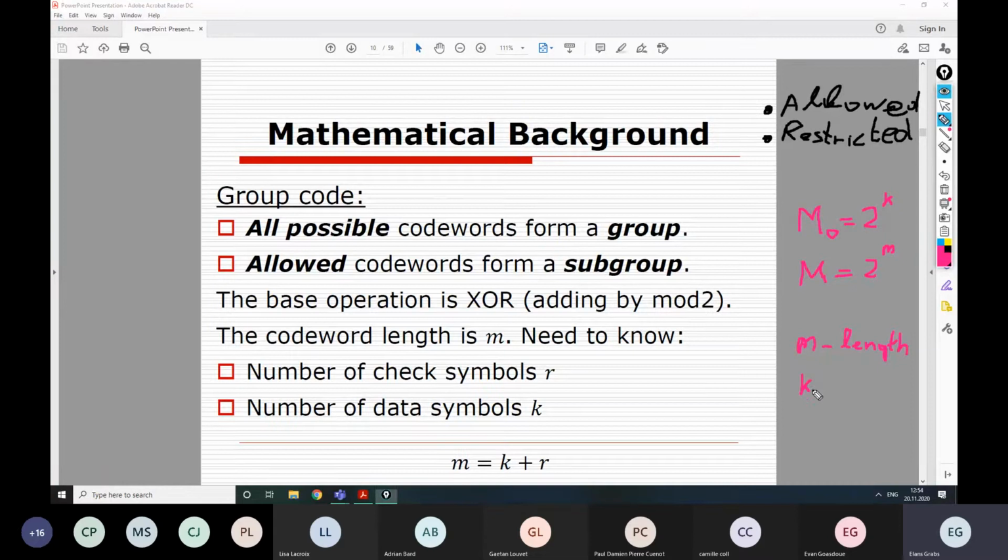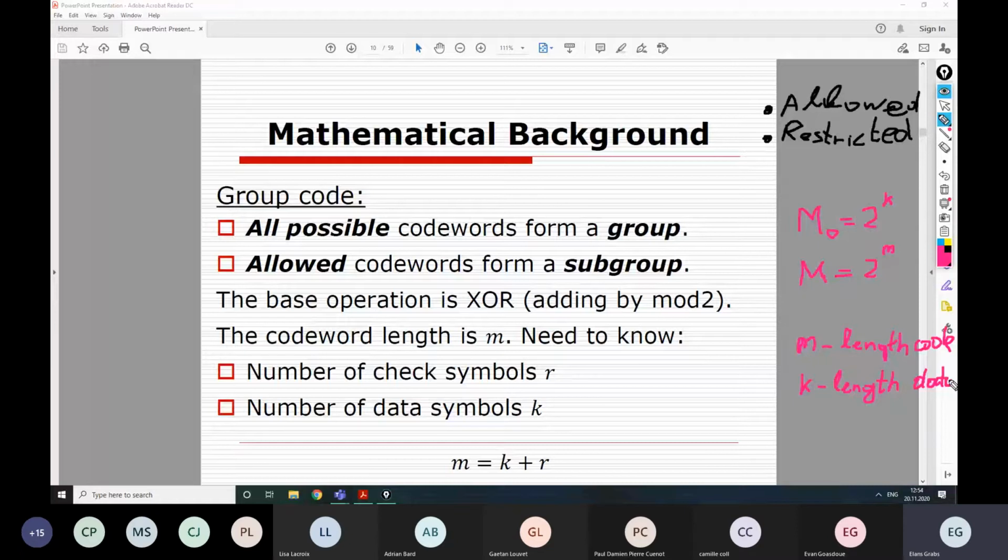while k is actually the length of data which we would like to transmit. So the difference is actually some control or check symbols, which is m minus k. And we need any of these symbols we'd like to add.